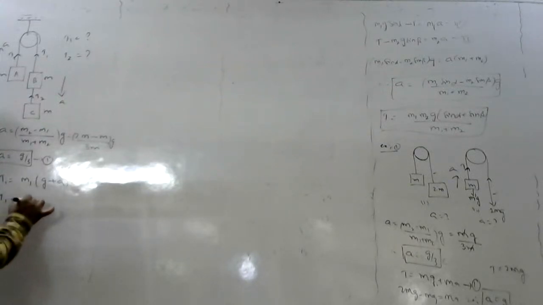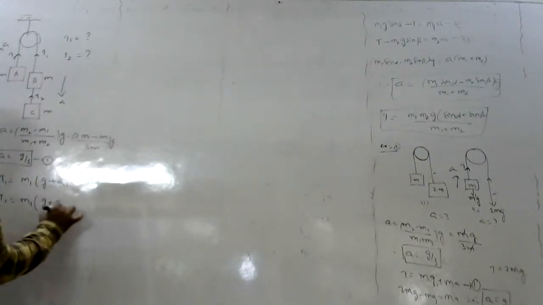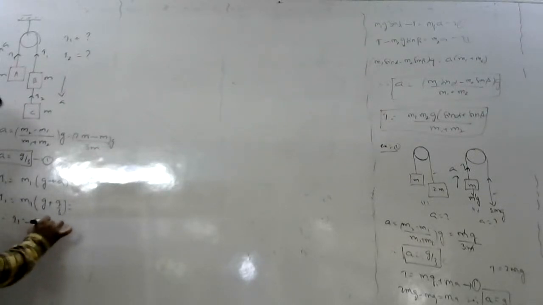So T1 is equal to m into (g plus g by 3). Taking LCM, (3g plus g) is 4g by 3. Therefore T1 is equal to 4mg by 3.